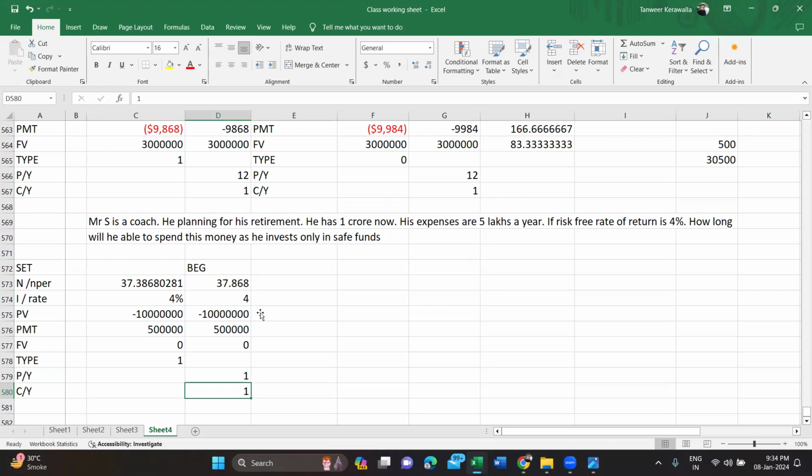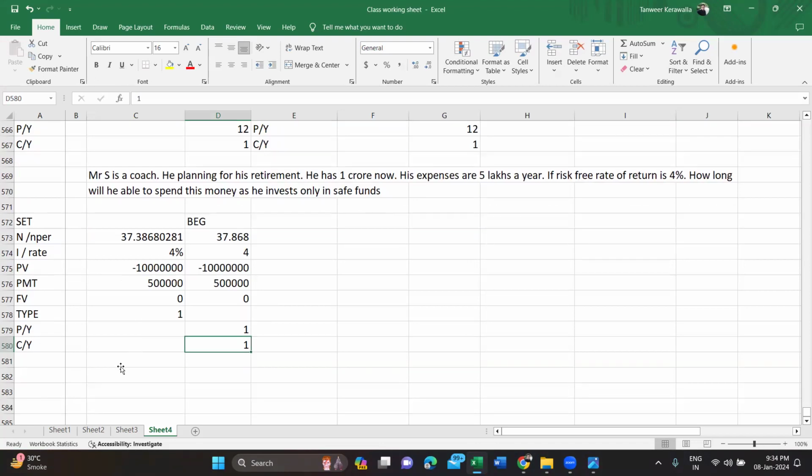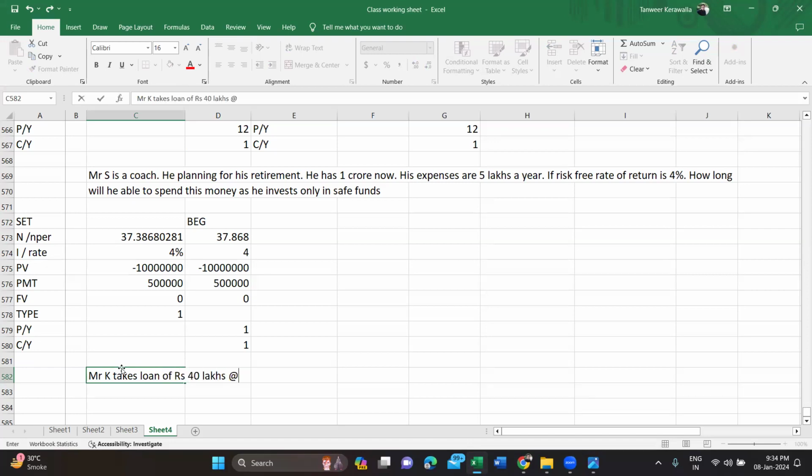Now we come to the loan part. So let's say Mr. K takes a loan of rupees 40 lakhs at 12% per annum for 20 years.